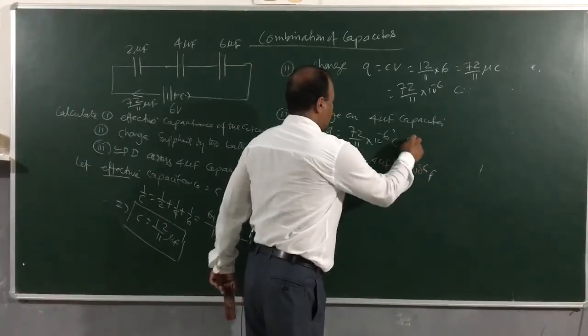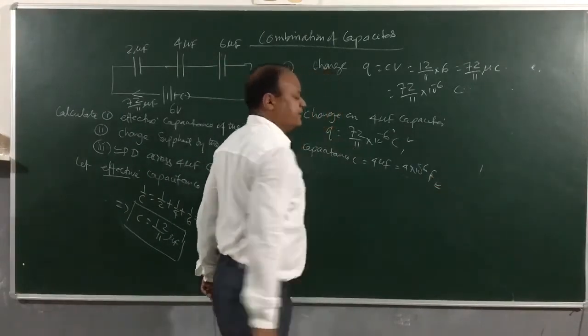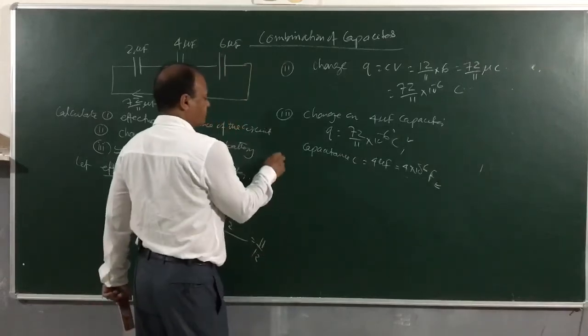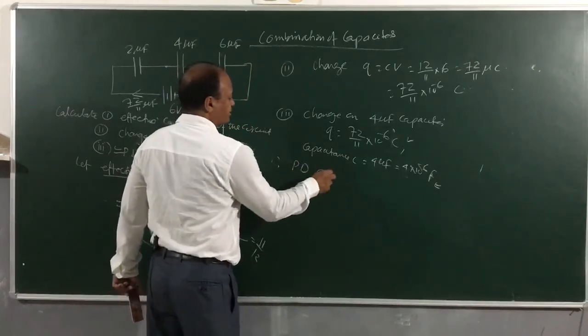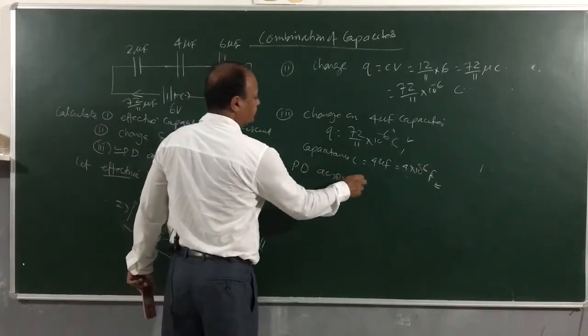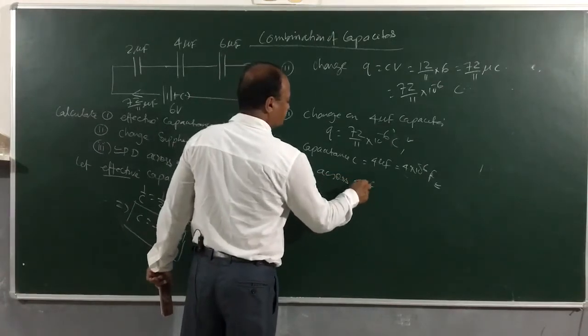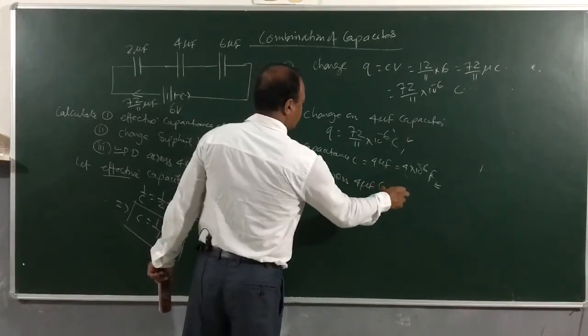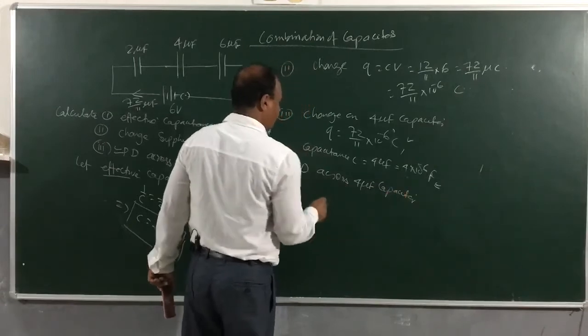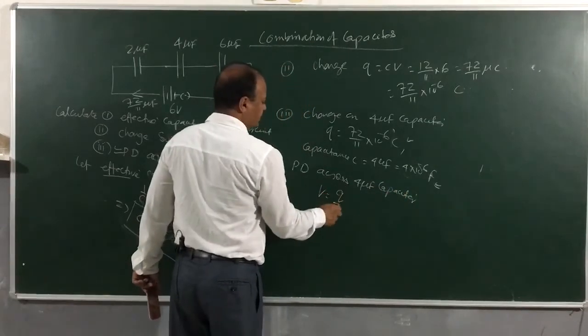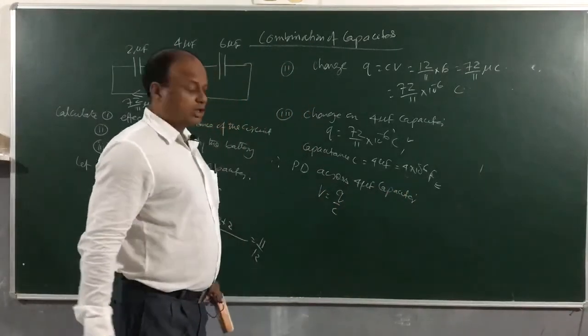So I know how much is Q and you also know how much is C. Therefore, PD across 4 microfarad capacitor, children, the formula is V is equal to Q by C. And how much is Q?